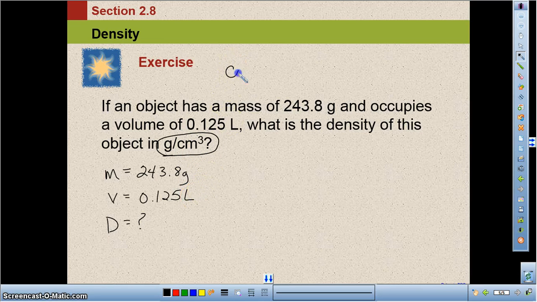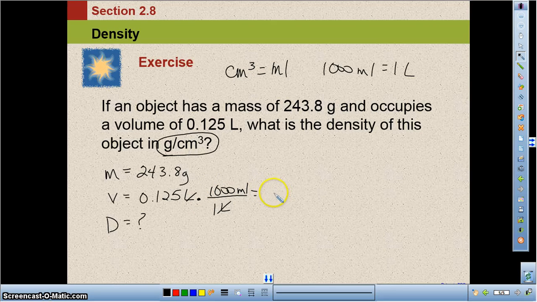Now remember that a cubic centimeter is the same thing as a milliliter. And if you go to your stair step, there are 1,000 milliliters in 1 liter. If you didn't know this already, you would have to go to conversion factors and find what that is before you do your conversion. So let's go ahead and just do our conversion here. 1 liter is going to go on bottom so that our liters cancel, and 1,000 milliliters is going to go on top.